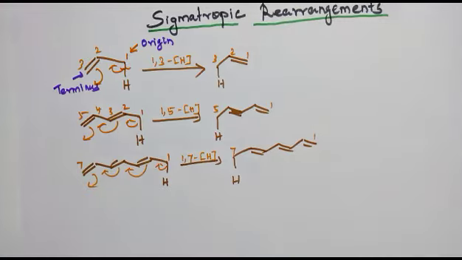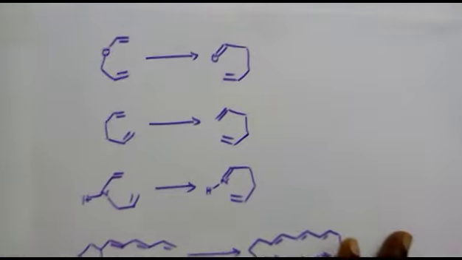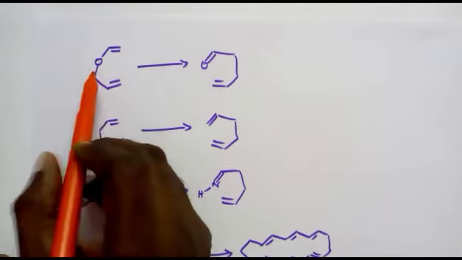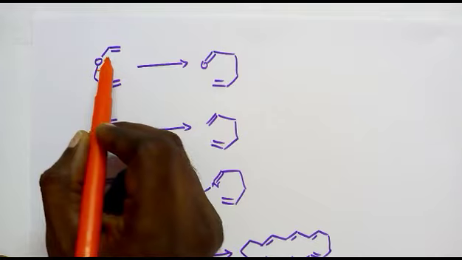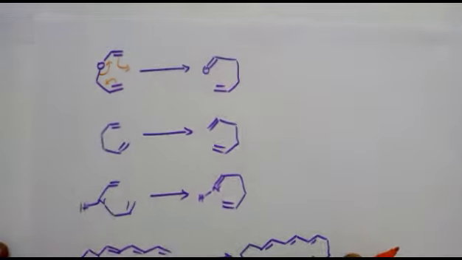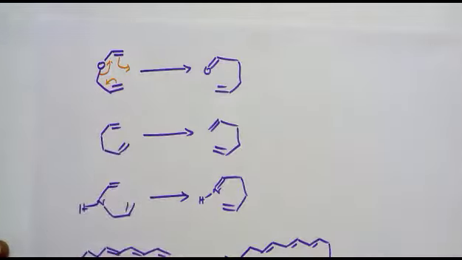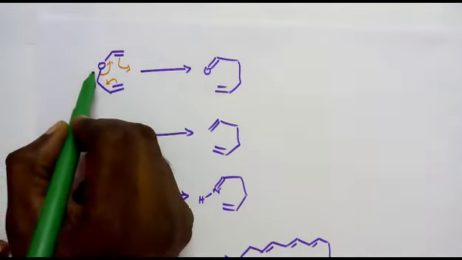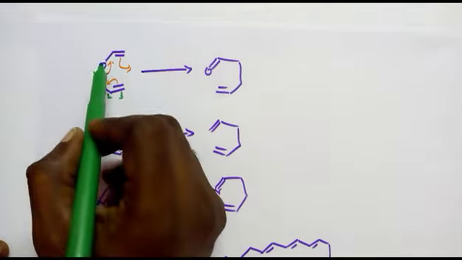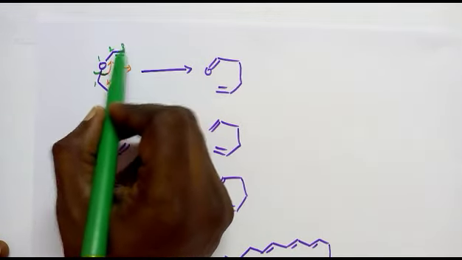Okay, and let's see these rearrangements. Look at this first one. What is happening? Here a bond breaks. The bond breakage takes place at this carbon. Give numbering 1, 2, 3. Similarly, on that side 1, 2, 3.